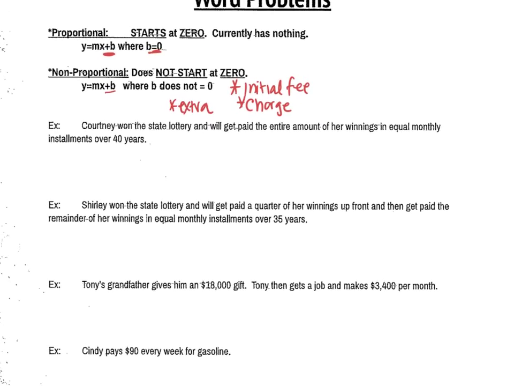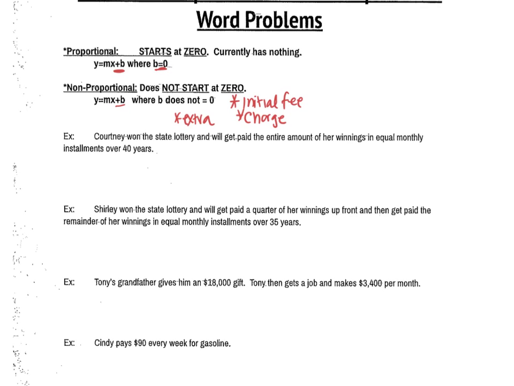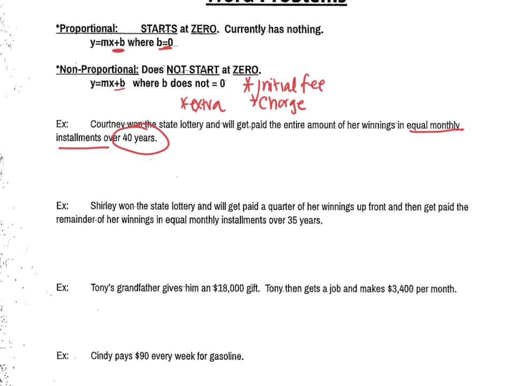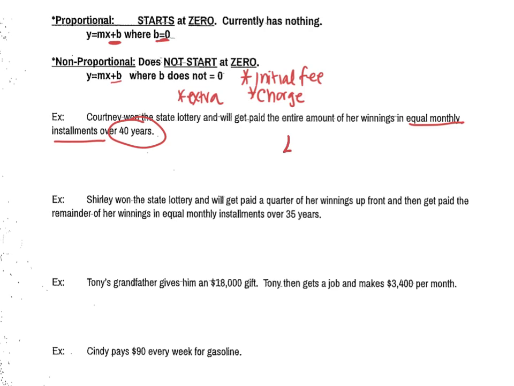So the first example, we're just going to make an equation out of it, and then we'll decide if it's proportional or non-proportional. If Courtney won the state lottery and will get paid the entire amount of her winnings in equal monthly installments over 40 years, we could write it 40x, because she's going to get $40 a month in equal monthly installments for 40 years.